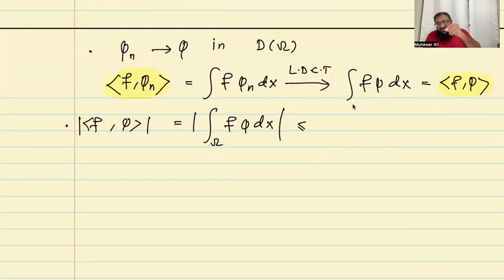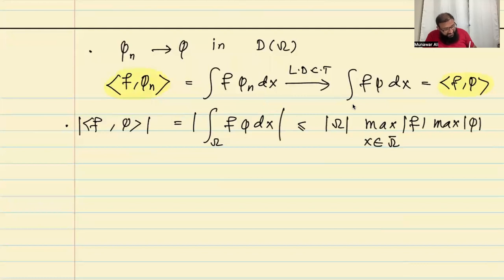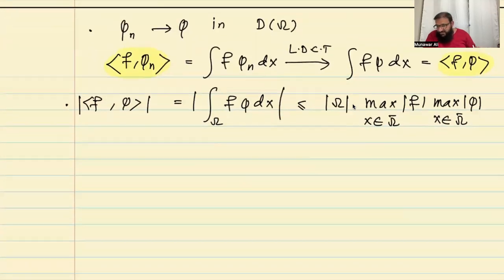Since the integral is on the set omega, I can take the measure of omega, the maximum of f when x is from the closure of omega, and the maximum of phi when x is from the closure of omega. So this is how I can define it.